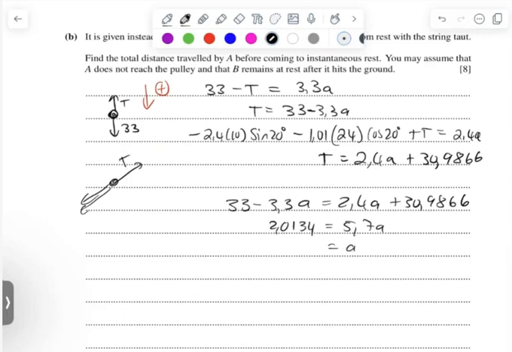So my acceleration, dividing by 5.7, is 0.353 meters per second squared. Okay, so when they combine, that's the rate they're moving at.